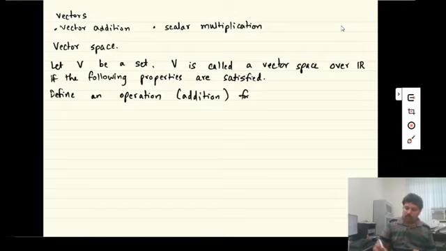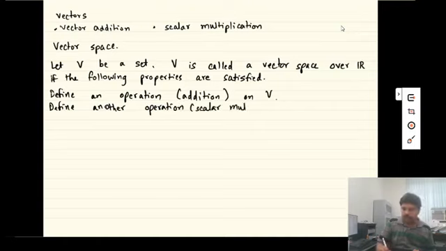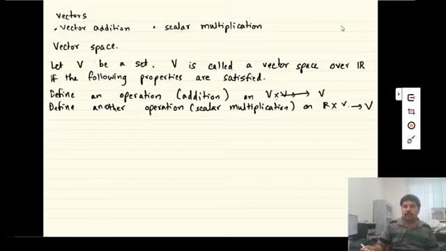This operation we want to define on V, and define another operation, scalar multiplication, on R cross V. So addition takes two vectors, so V cross V goes to V, and the operation R cross V goes to V. That's the operation we want to define.